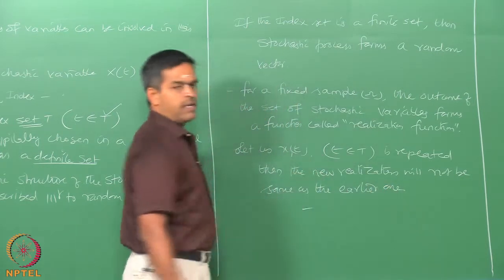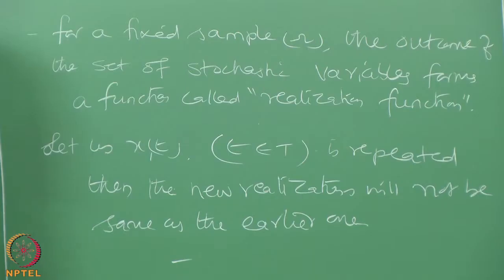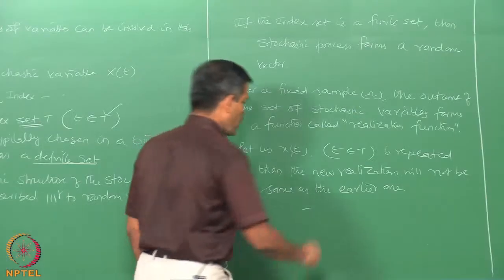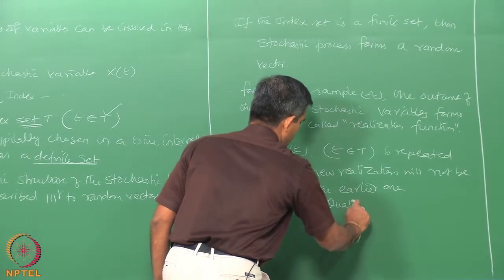So, in that way the stochastic process or the stochastic variable also qualifies to be a random variable.